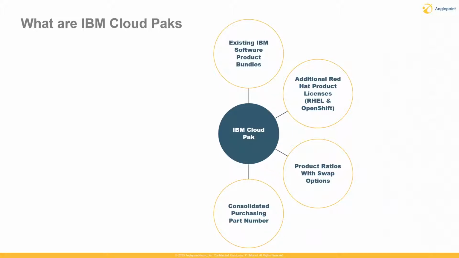One of the nice things about the licensing is it has been consolidated to a single part number, which allows for ease of purchasing and management from a renewal perspective. And as mentioned previously, the two licensing metrics that the Cloud Paks utilize are virtual processor cores and managed virtual server metrics.